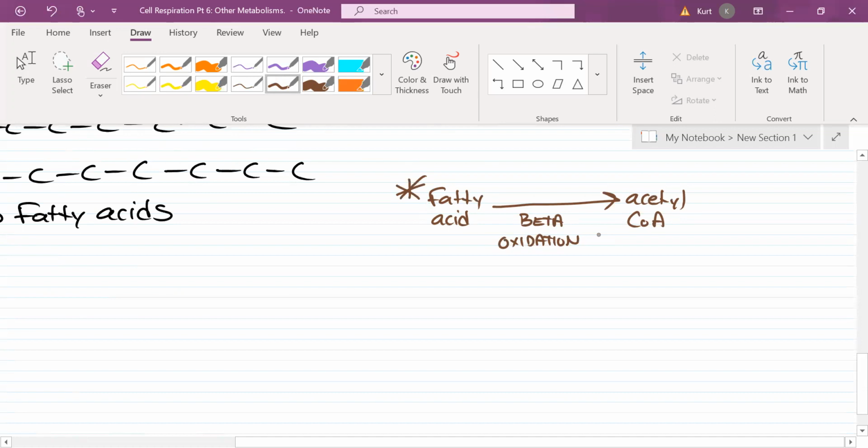Now, jog my memory. How many carbon atoms are in an acetyl coenzyme A molecule? 2.